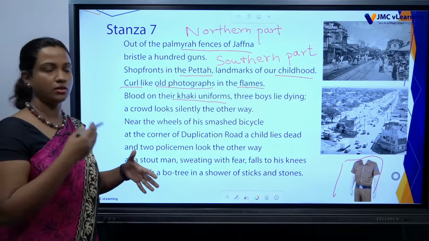The bo tree is where Lord Buddha got enlightenment. So this stout man is falling down on his knees and praying. Why is he praying? He's scared. He wants religious help. He thinks the bo tree could help him get away from death.